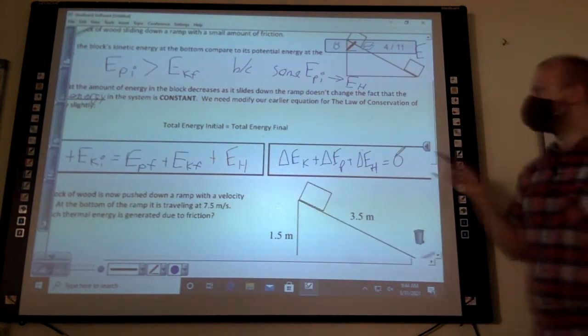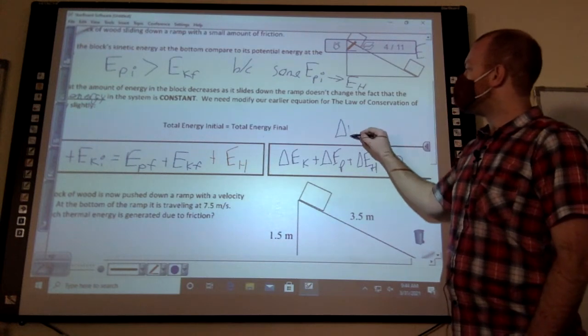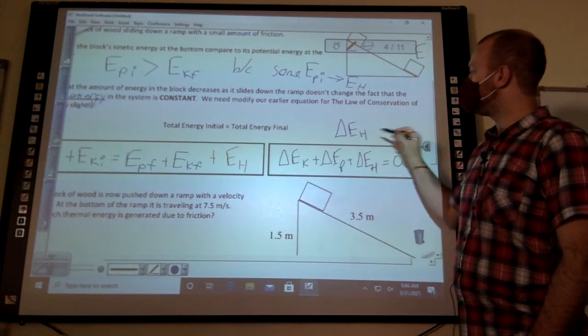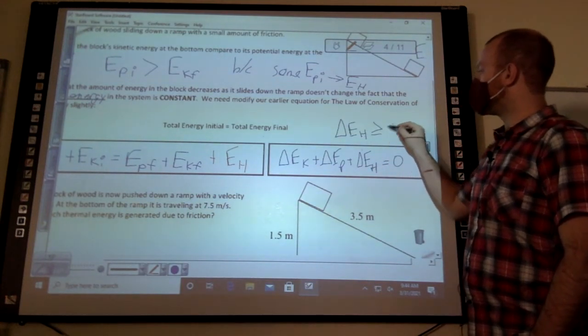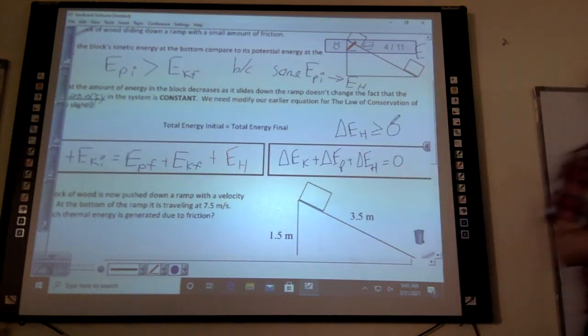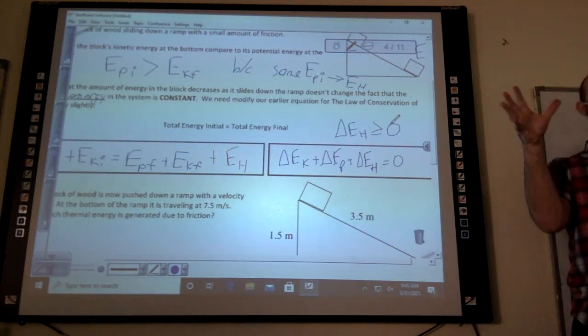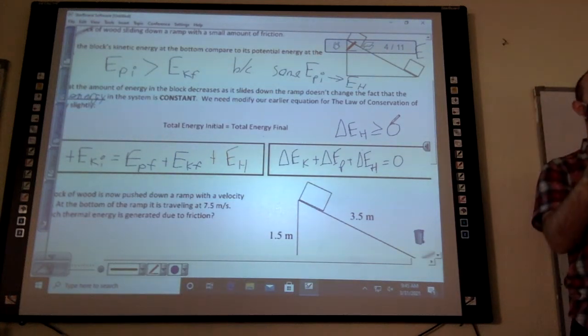And notice with this, my change in heat always has to be greater than or equal to 0. So I cannot have a negative change in heat. That would mean I would need to take heat from outside the system and pour that back into energy into an object, which we cannot do.